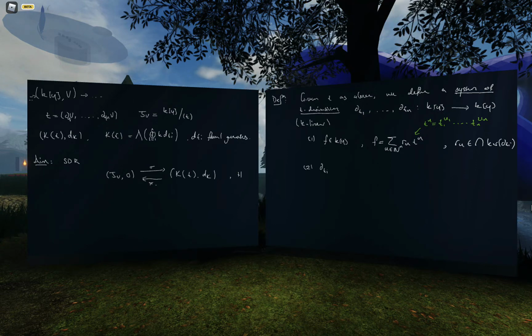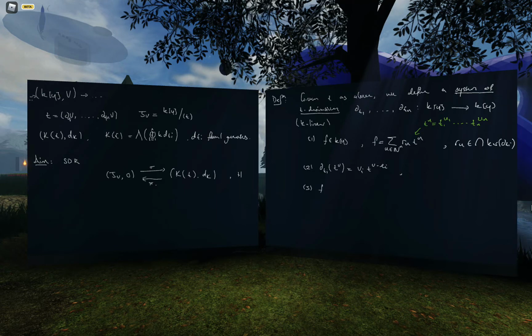The second one is that it differentiates the powers of T like so, where EI is the ith basis vector in N to the n.